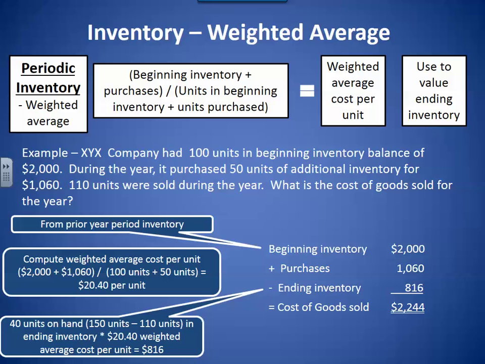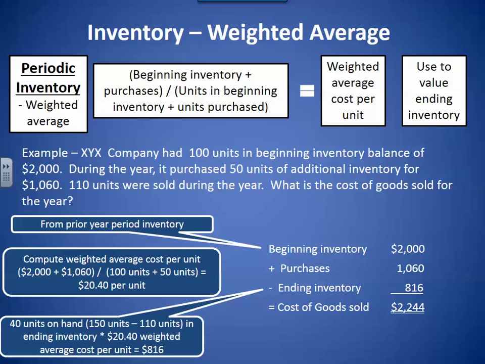So let's go ahead now and take a look at, again, we talked about our beginning inventory. Our purchases during the year, the value of our purchases was $1,060. But now we have to value this ending inventory. And the way we do that is we have to determine how many units were remaining on hand in the ending inventory. And according to our computation, there were 40 units on hand.